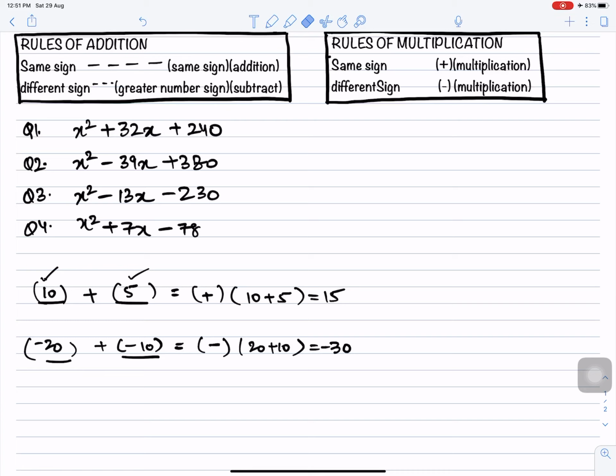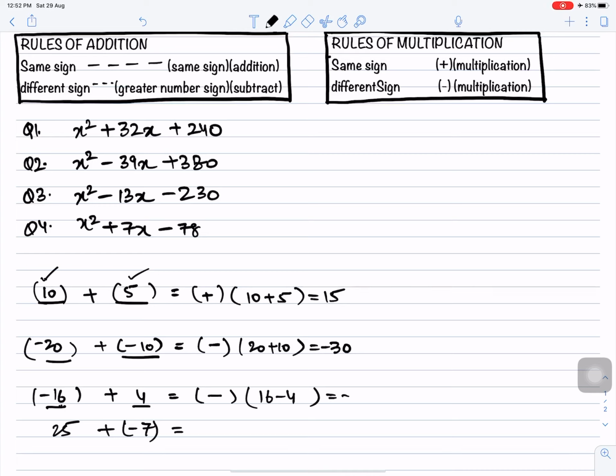Suppose I take minus 16 plus 4. 16 has the sign minus and 4 has the sign positive. We apply the sign of the greater number. 16 is greater, so we apply the minus sign and subtract the numbers. So my answer is minus 12.